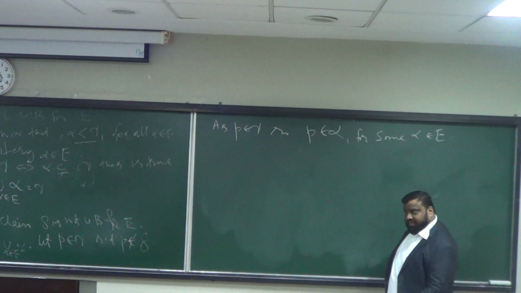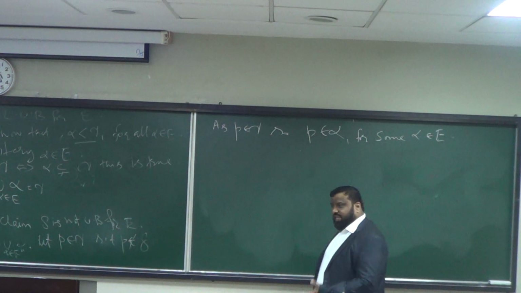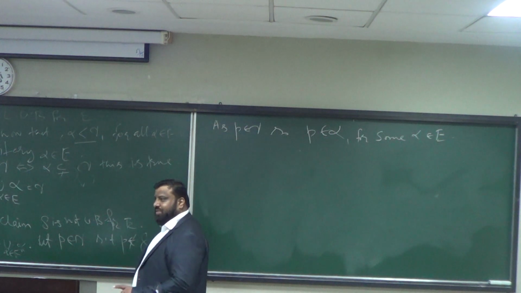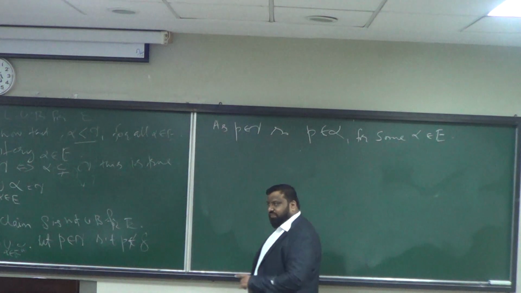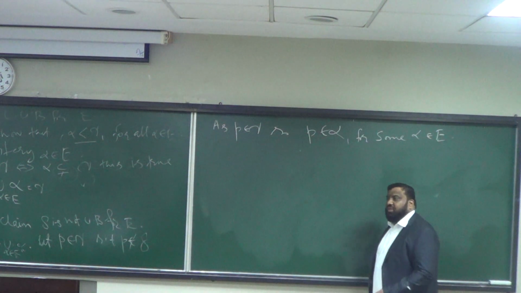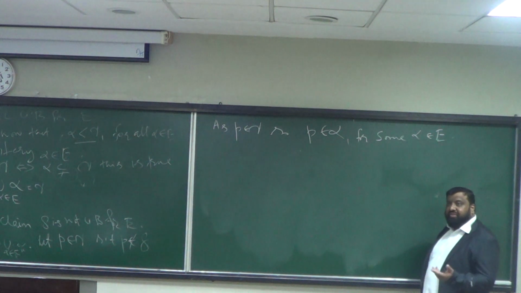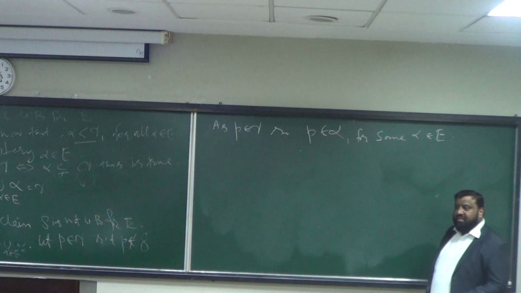Can alpha be a subset of delta? If P is in alpha and P is not in delta, can alpha be a subset of delta?